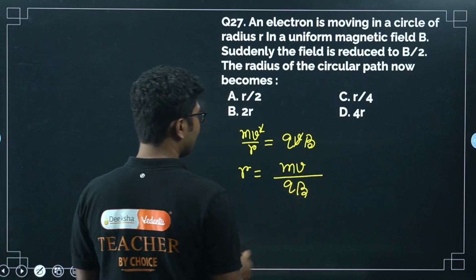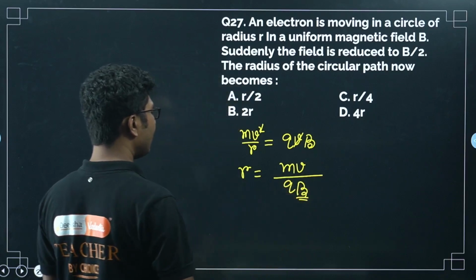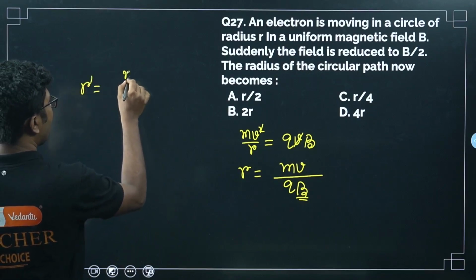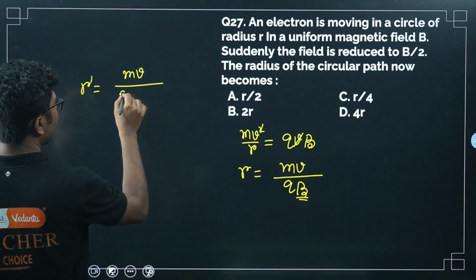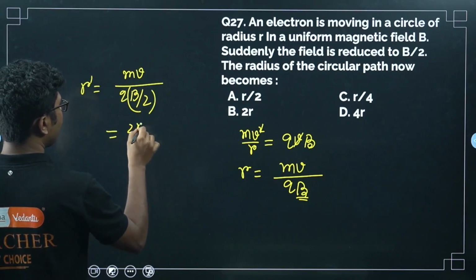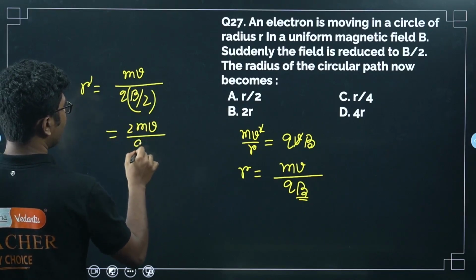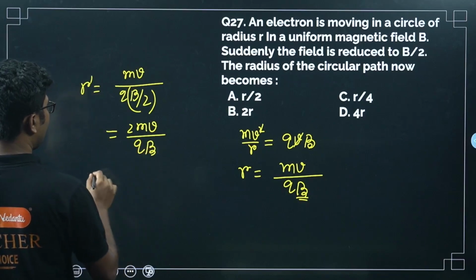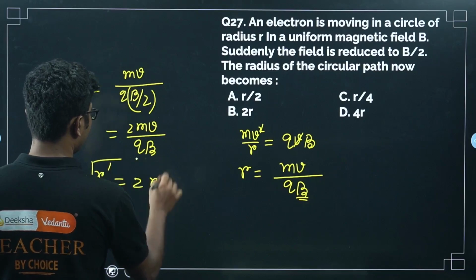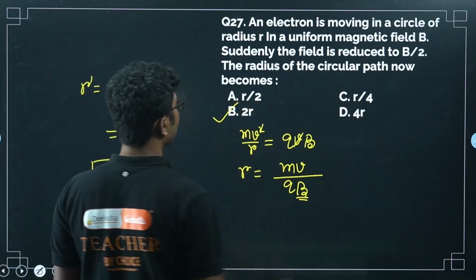Now they have reduced the magnetic field to half. So R dash is equal to mv divided by QB by 2. So it will be 2mv by QB. So R dash is twice of R. So it will be 2R.